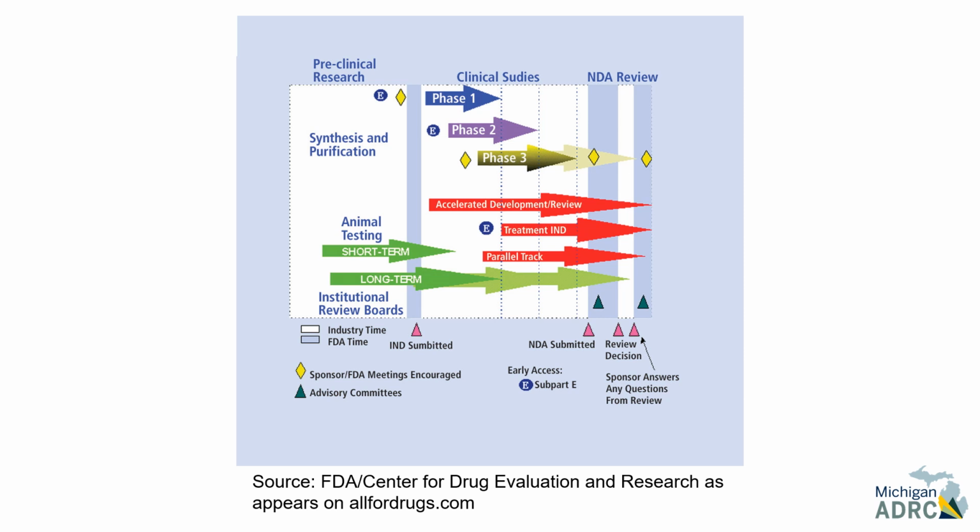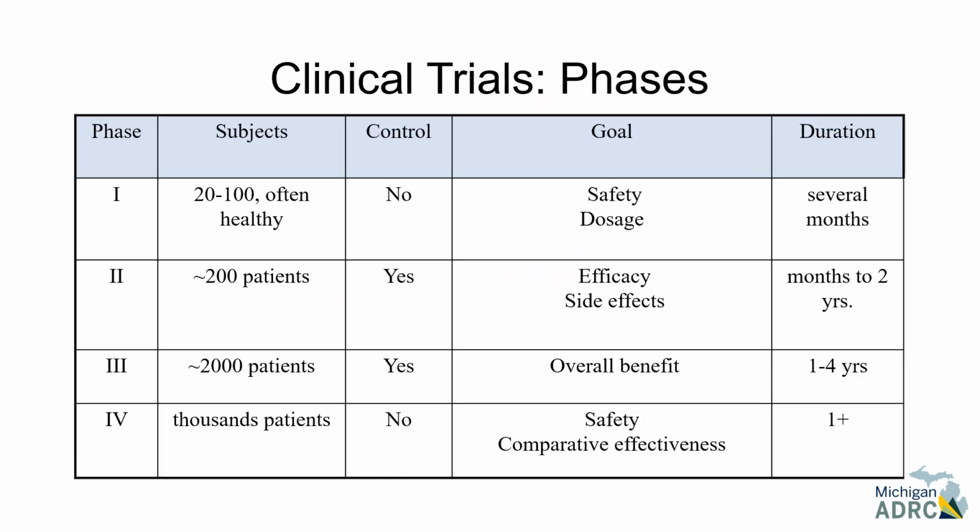So typically in the process of drug development, which you can learn more about in a separate presentation, there are a series of clinical trials known as phases. 3 phases occur prior to the drug's approval by the FDA, and the 4th phase refers to studies that are done after the drug is approved and available clinically.